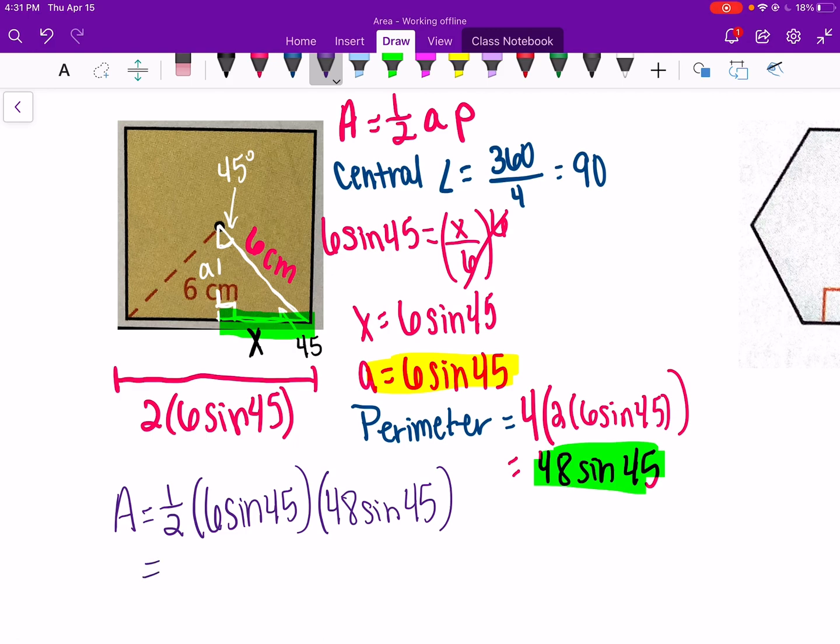So 1/2 times 6 sine of 45 times 48 sine of 45 is approximately, actually it's exactly 72 centimeters squared.